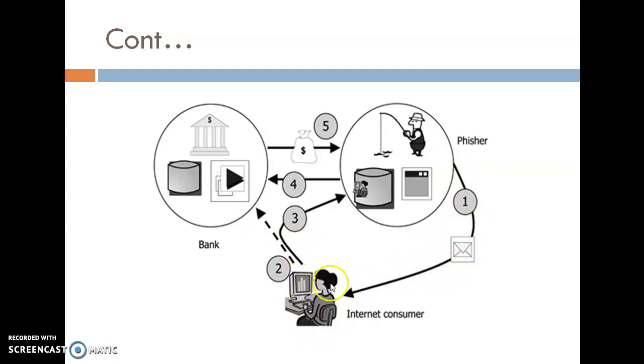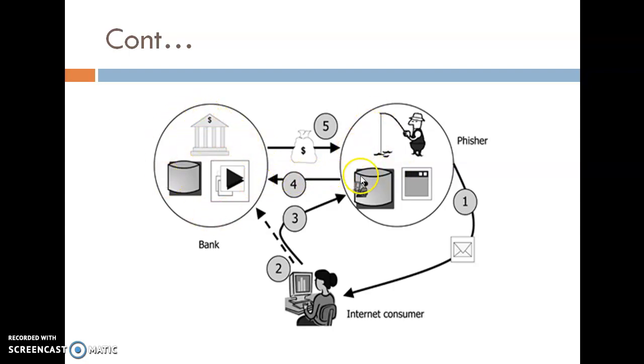So this consumer is not able to identify whether that mail is coming from the phisher or the bank, and she fills in all the banking information in that particular mail and then gives the reply. So the banking information of this particular user is sent to the phisher. Now the phisher uses the username and password of this consumer to access the money from this bank.